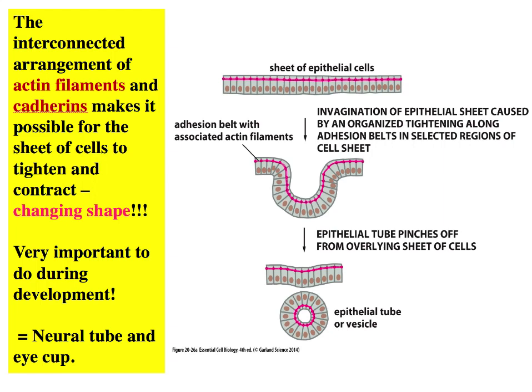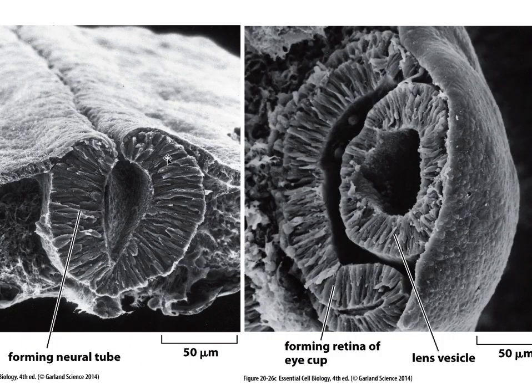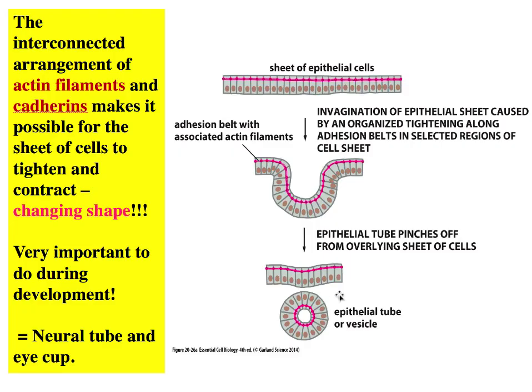During development, some strange things happen to different tissues as the embryo develops. One of them is the formation of the neural tube, indicated in this figure here. So this tube of cells has somehow formed this U-shaped channel from a sheet of cells. And the second thing that can happen is that these sheets of epithelial cells can pinch off and form spherical vesicles.